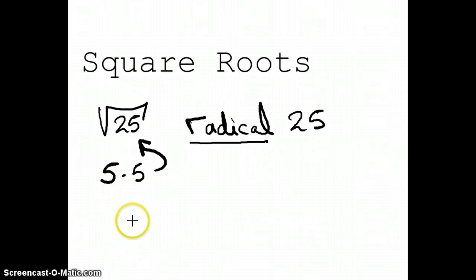Now something you may not have considered is, by definition, the square root is what number times itself will give me my answer inside the radical. So what times itself will give me 25? 5 times 5 gives me 25. Is there another number times itself that would also give me 25?